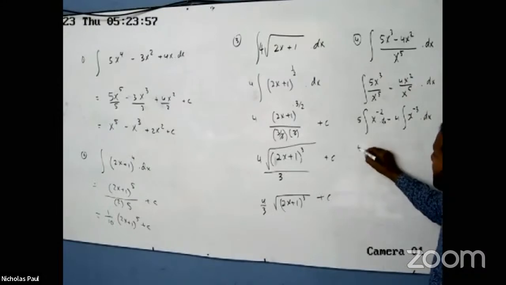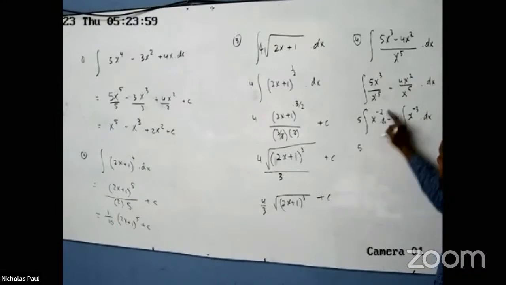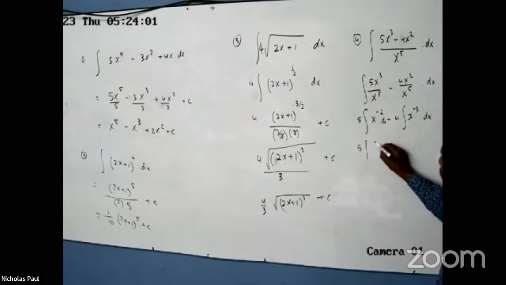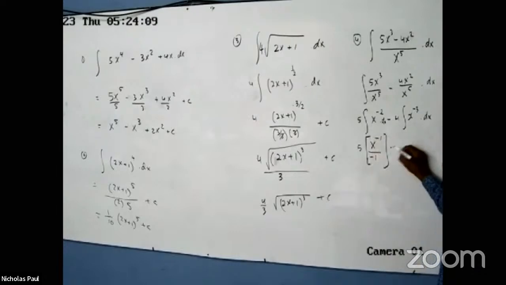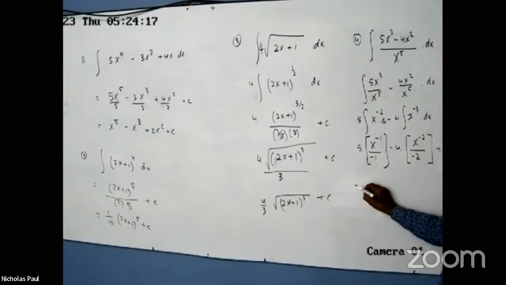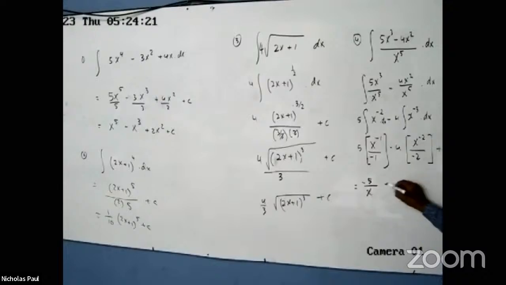So this will be equal to 5 times the integral of x to the minus 2. Add 1 to the power, I'll get x to the minus 1 divided by the new power. And here, same thing. Add 1 to the power, you'll get x to the minus 2 divided by minus 2, plus c. So your answer will be minus 5 over x plus, so cancel, 2 over x squared.